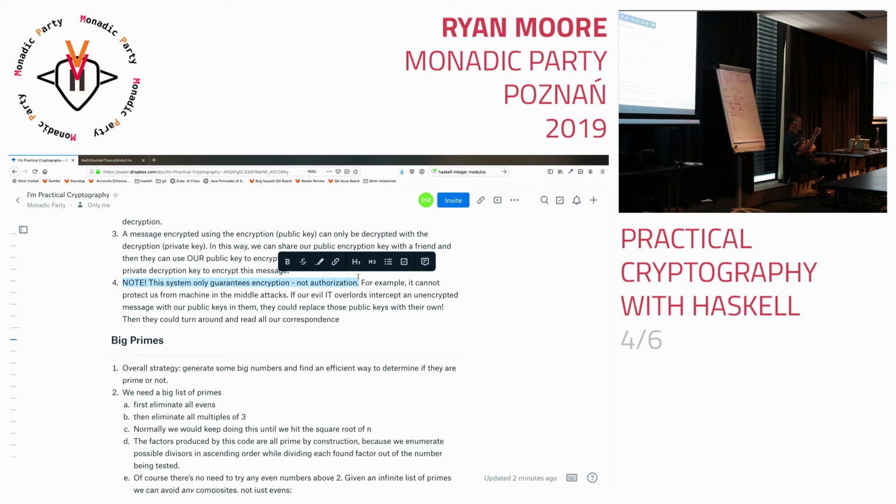So if, for example, when I send my first email in plain text with the public key, our IT overlords are sitting in the middle and they intercept the public key, then going forward, the IT person could get the messages that are being sent to them, and instead of encrypting it with the public key that I sent out, they could encrypt that message with their own public key. And once they do that, they could forward it on to you, and you would be none the wiser.